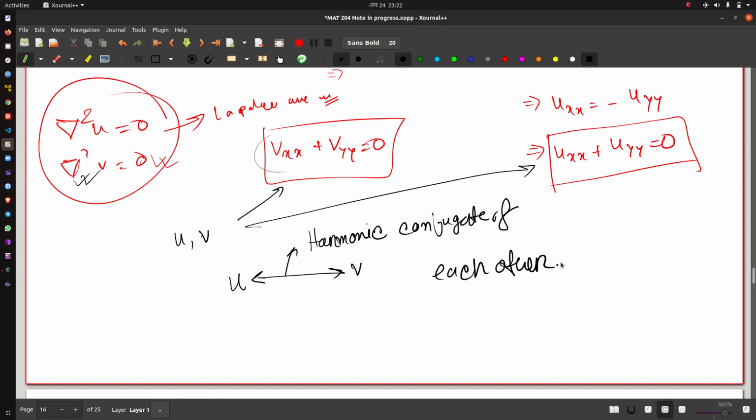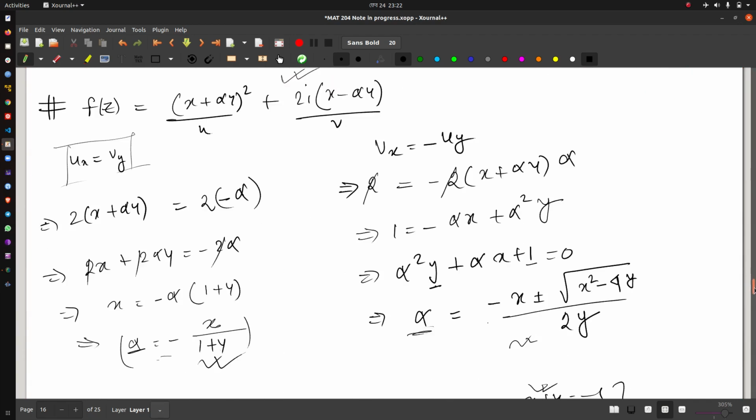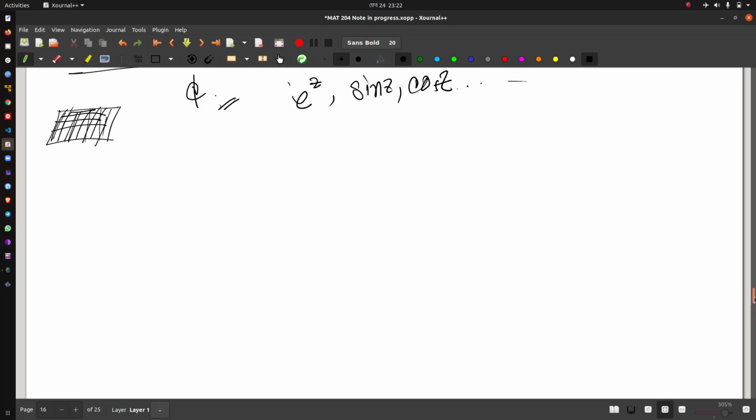If you know u or v, then you can use the Cauchy-Riemann conditions to find the other. So let's say you have a PDE and you know one of the solutions and you want to find the other; you can use the Cauchy-Riemann conditions to find it pretty easily with the help of basic algebraic techniques and basic integration.